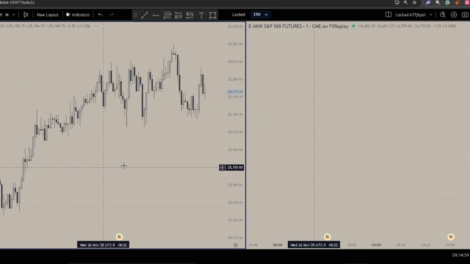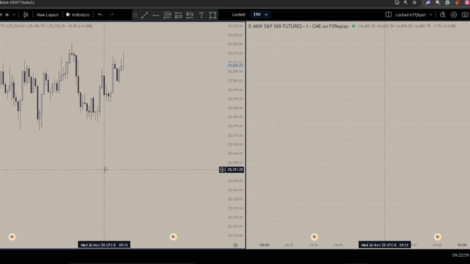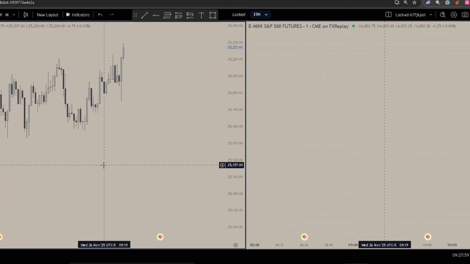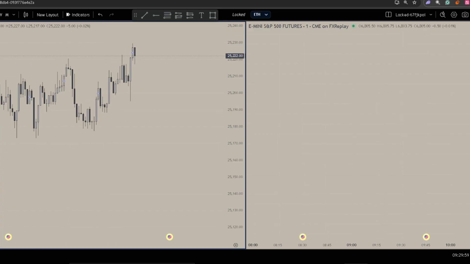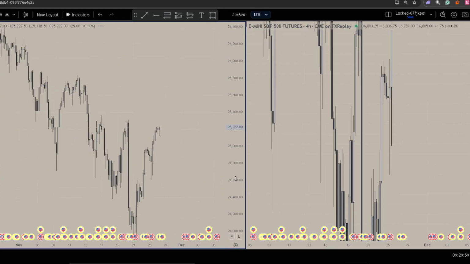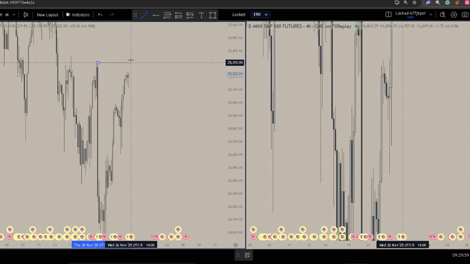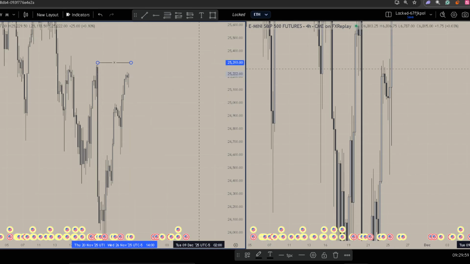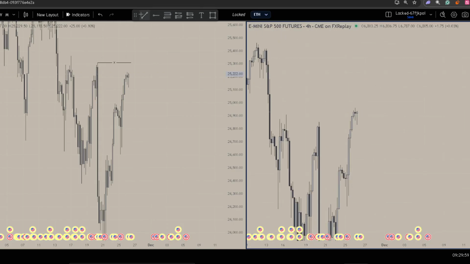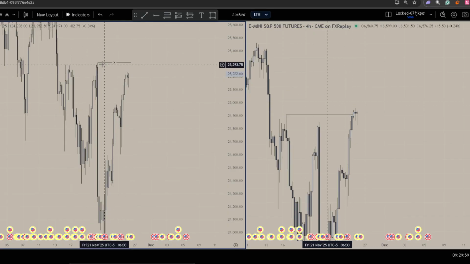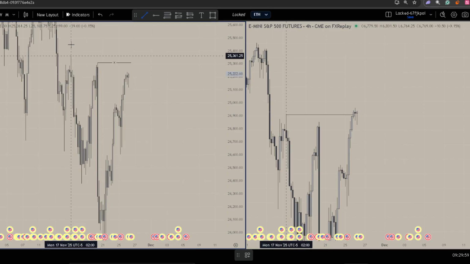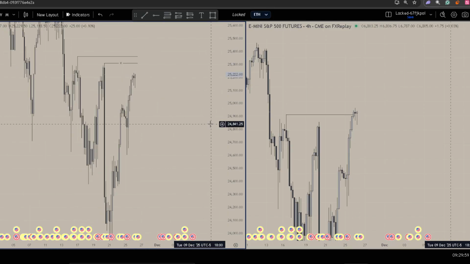Boom. Fast forward to 9:30 or 9:29, and then determine my bias. So right now, just by looking at it, this high is our obvious draw on liquidity. Ooh, okay, so we also do have SMT. SMT at the highs. Okay, I see it. Boom, okay, that's cool.